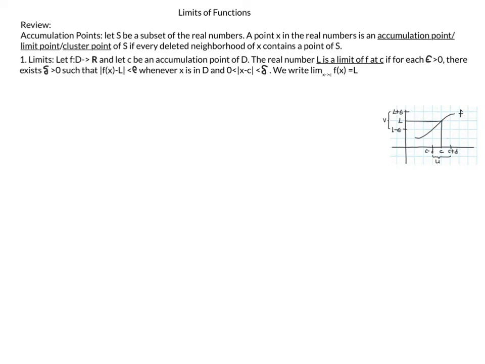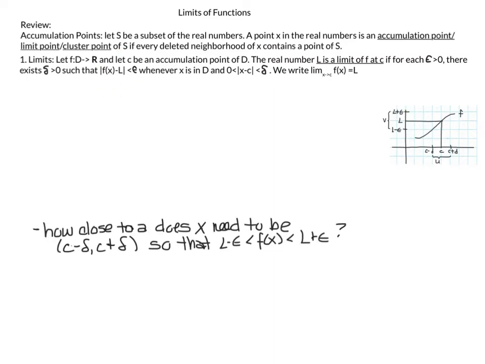No matter what epsilon you give me, I can always give you a delta that'll satisfy this condition. And the question is, well, how close does x need to be to C? In other words, in this interval, (c - d, c + d), how small can d be such that f of x is in this very small interval, (L - epsilon, L + epsilon)?